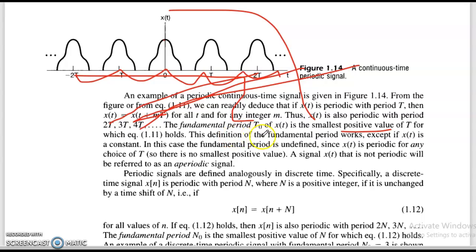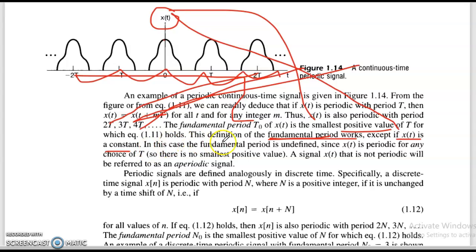This definition of the fundamental period works except if x of t is a constant. The definition works only when x of t is not constant. Otherwise, if it is constant, it is not periodic in the regular sense.